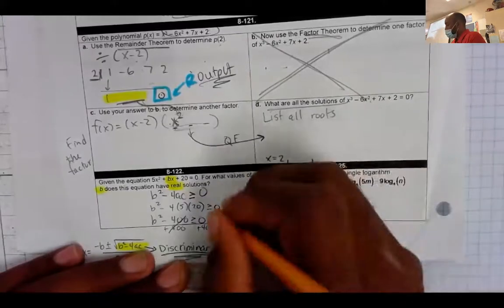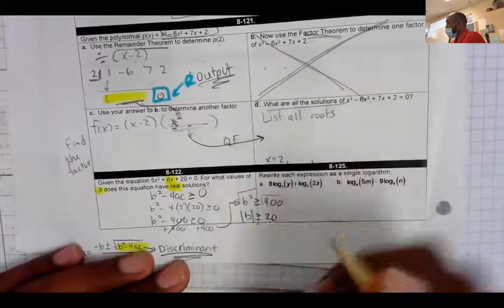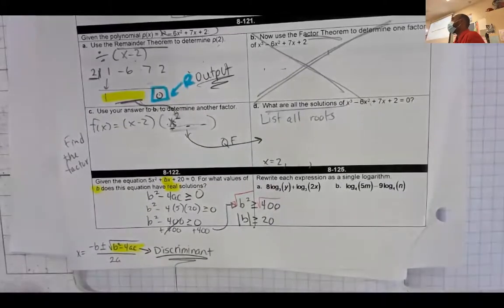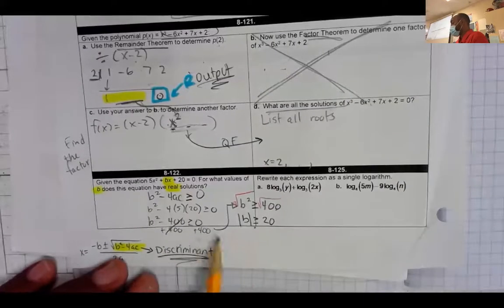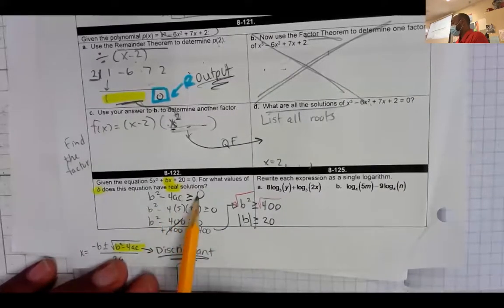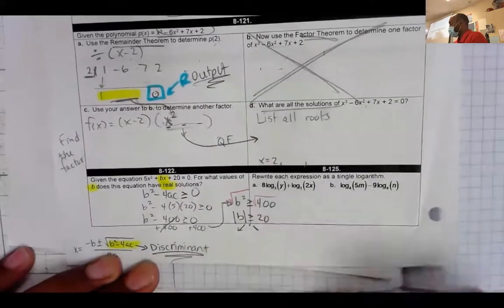So what I'm going to do here is say the absolute value of b has to be greater than or equal to 20. Okay. So as long as that number is 20 or bigger, it's going to give you a real solution, because that's the goal here: I want this to be greater than or equal to 0. So to finish this, I split this into 2.